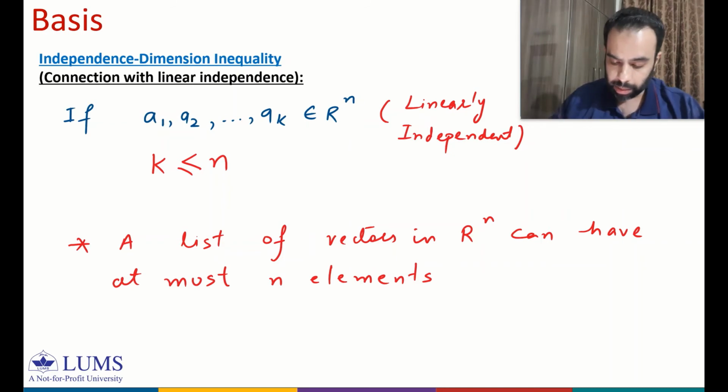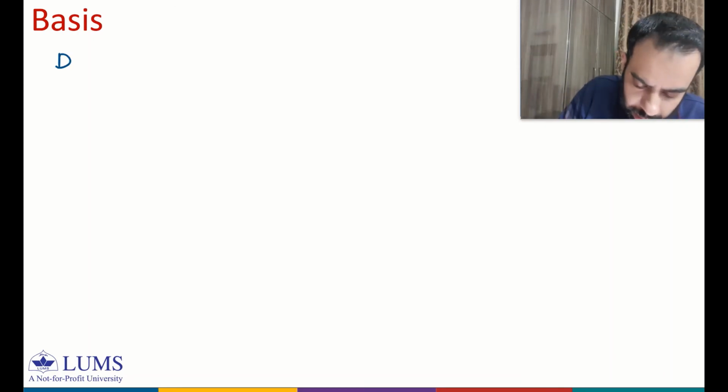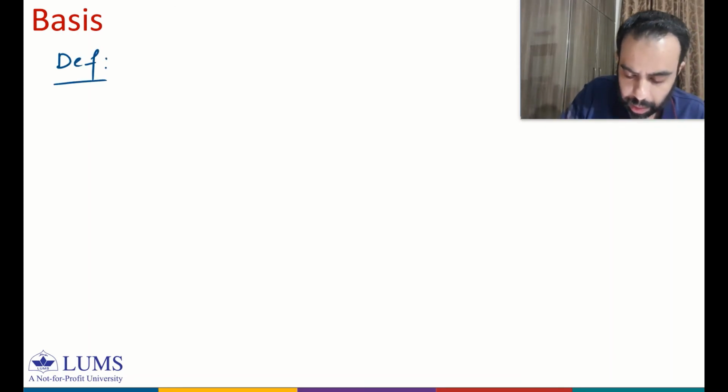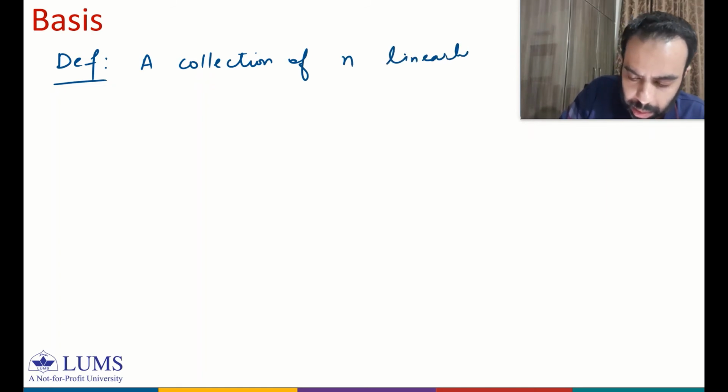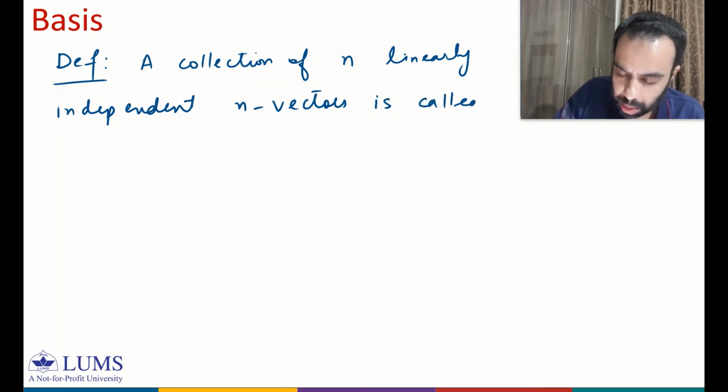So now we are all set to define what we mean by bases. Let me first define it. We define a collection of n linearly independent n-vectors, meaning they belong to Rn, as a basis.